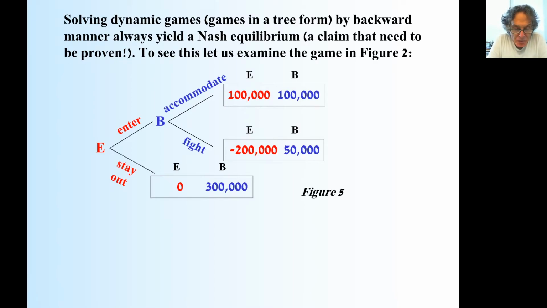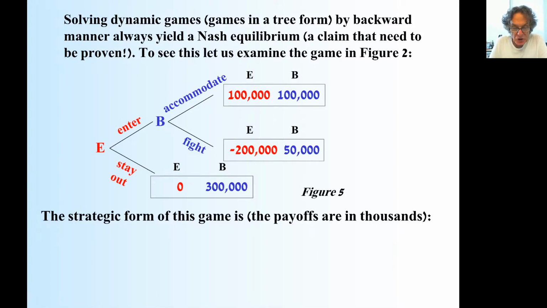E decides whether to enter or stay out. At the same time, B decides to accommodate or to fight in case E enters. So the strategic form of this game, now I put everything in thousands of dollars. I'm talking about the original one, the first one with full certainty.